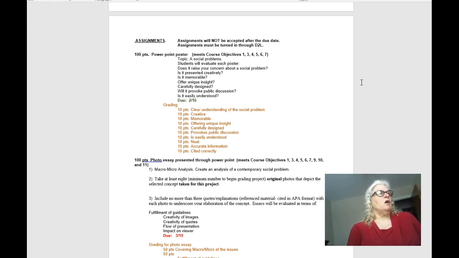Someone often says, well, suicide's a social problem. No, suicide is an individual problem. It can be brought on by social issues such as bullying, gay and lesbian problems. There are other things, but we're looking at the big items here, society, and not the psychological ones as we start to look at this.